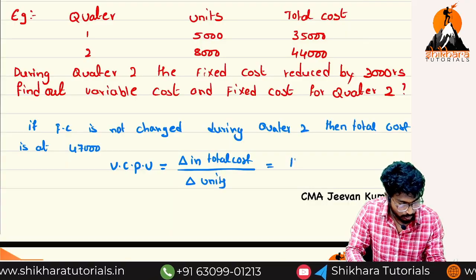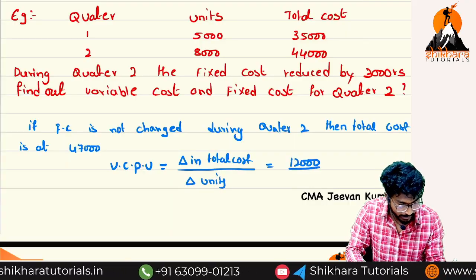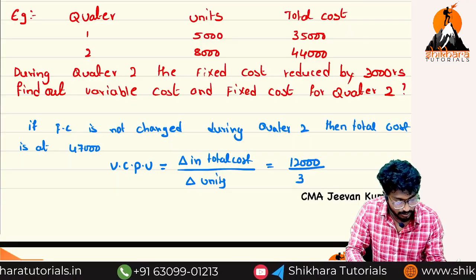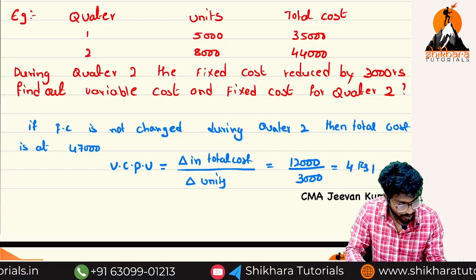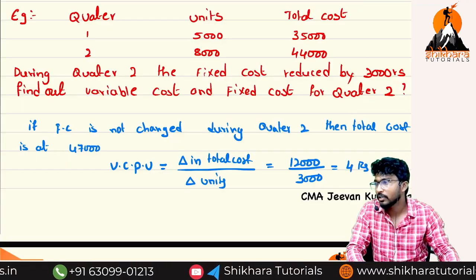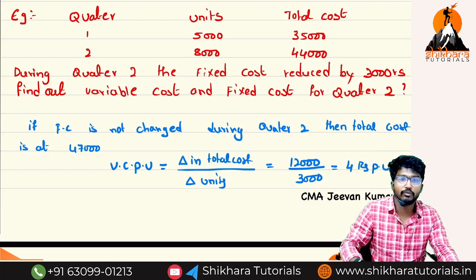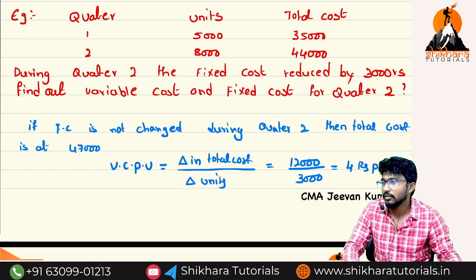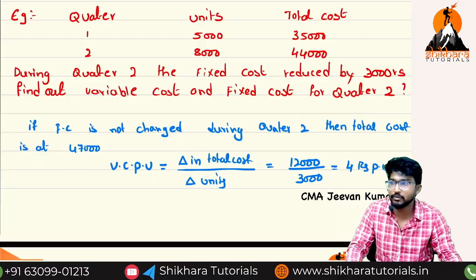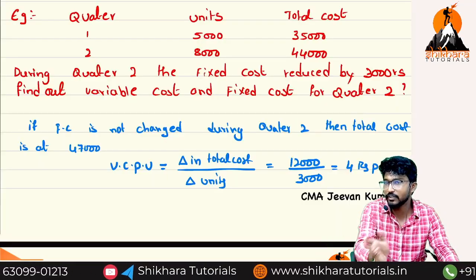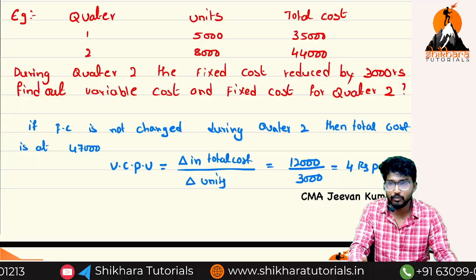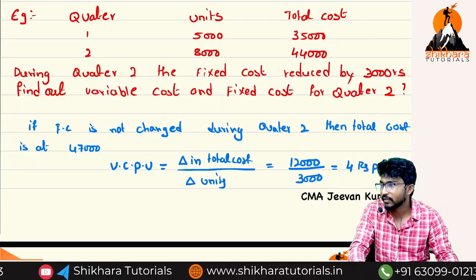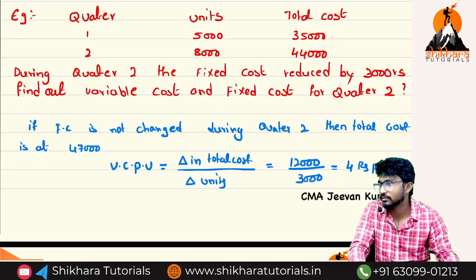That comes to 12,000 divided by 3,000, which is 4 rupees per unit. What did you guys learn in group 1? You don't know the basic formula for segregation of fixed cost and variable cost. Whenever we have semi variable cost, we use this formula only for calculating variable cost and fixed cost.